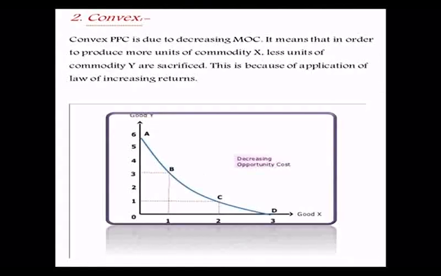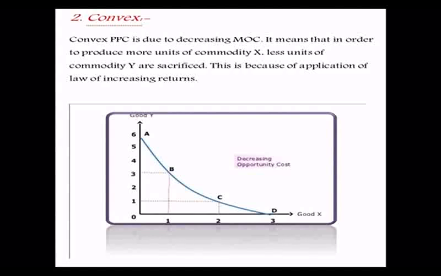Similarly, the third shape of PPC is convex to the origin. Convex shape of PPC you can see in this diagram. It is due to decreasing marginal opportunity cost. Concave we studied earlier, why was it concave to the origin? Because marginal opportunity cost was increasing. And this one is convex to the origin due to decreasing marginal opportunity cost. It means that in order to produce more units of commodity X, fewer units of commodity Y are sacrificed.